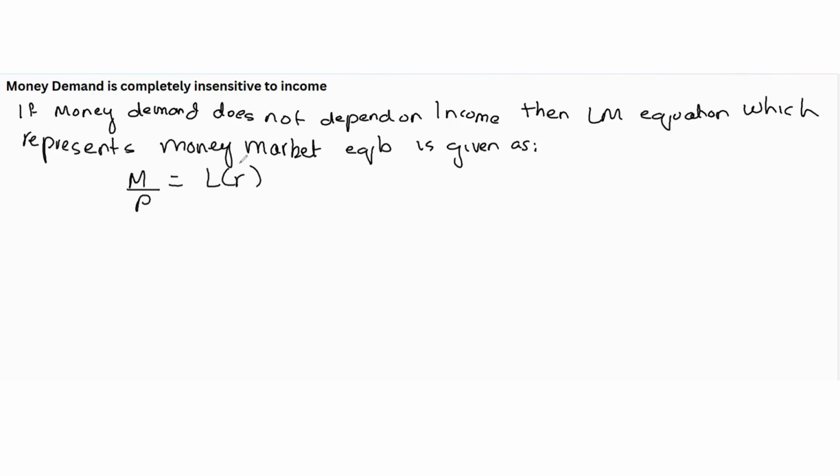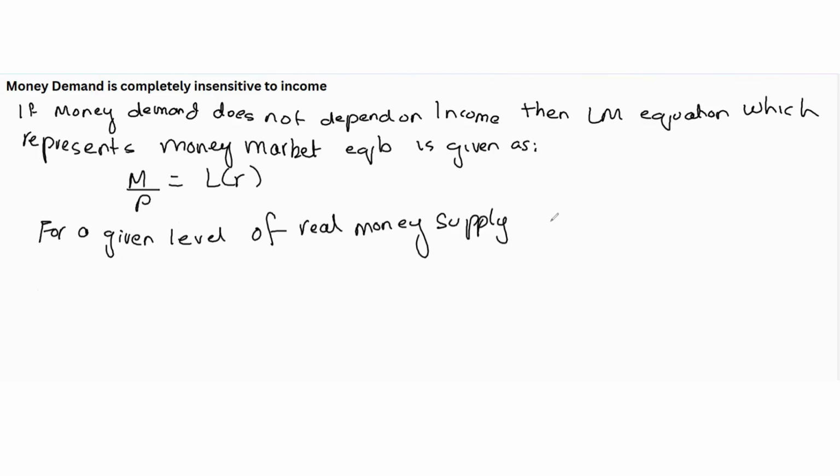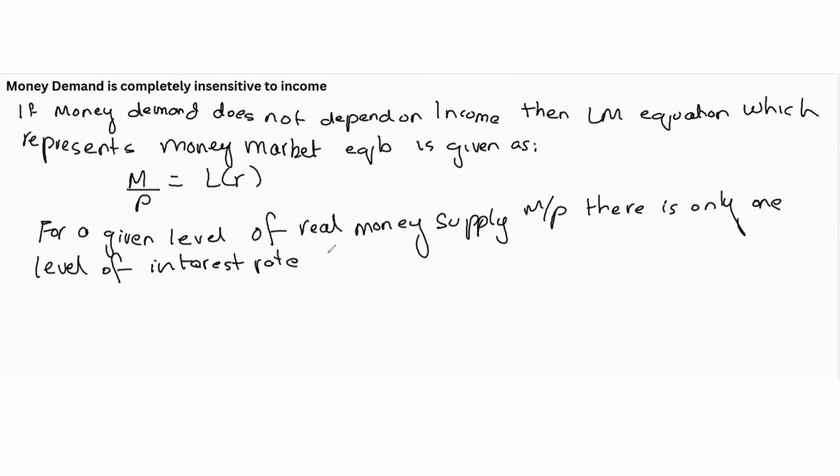Real money demand in general is a function of Y and R, but we're assuming that it does not depend upon income in this case, so it's just a function of R. So for a given level of real money supply, M/P, there is only one level of interest rate for which the money market is in equilibrium.